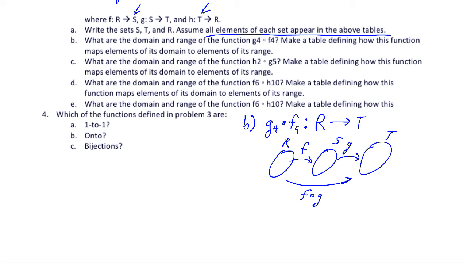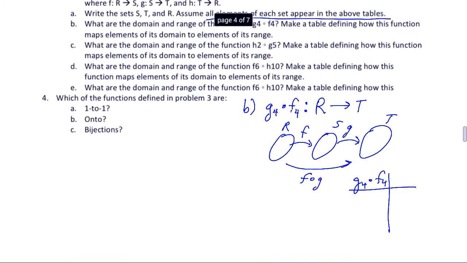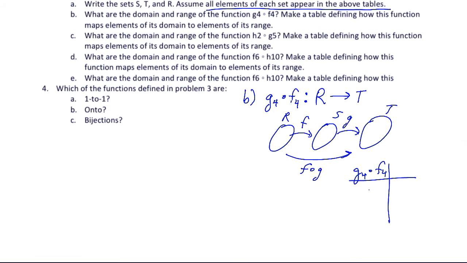We're going to write g4 composed with f4, and we're going to make a table that takes the elements of the set R, which is a, b, and c. We're going to write that g4 of f4 of a is g4 of f4 of a, like this.